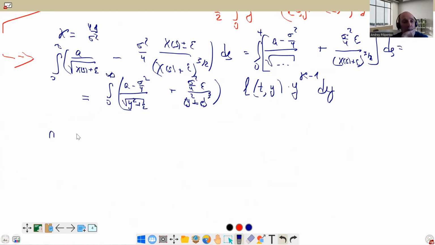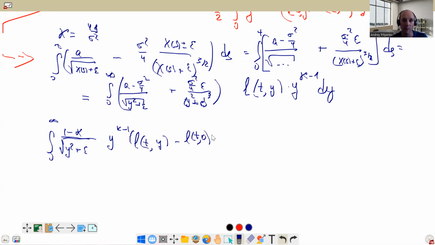So after some transformations, we have two integrals. The first: (1 minus kappa) over the square root of y squared plus epsilon, y to the power kappa minus 1, times L small, where we subtract L_t(0) and add L_t(0), and integrate with respect to y.